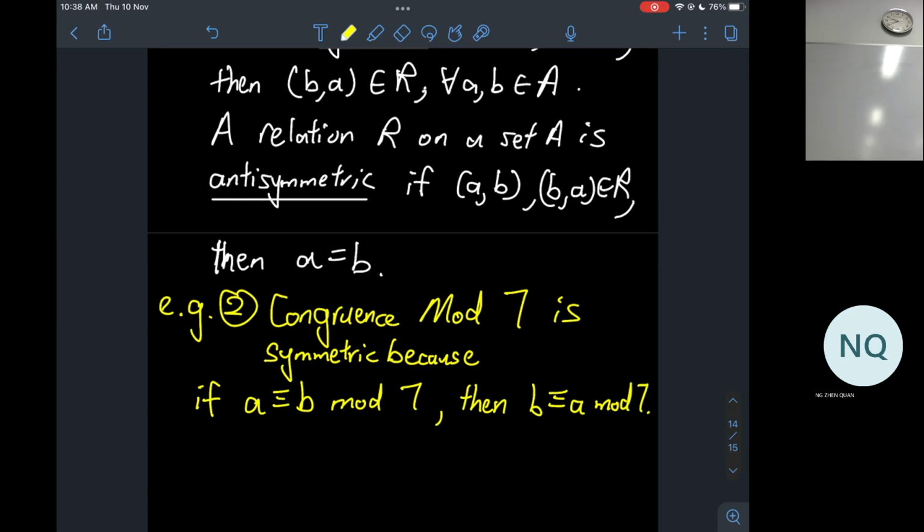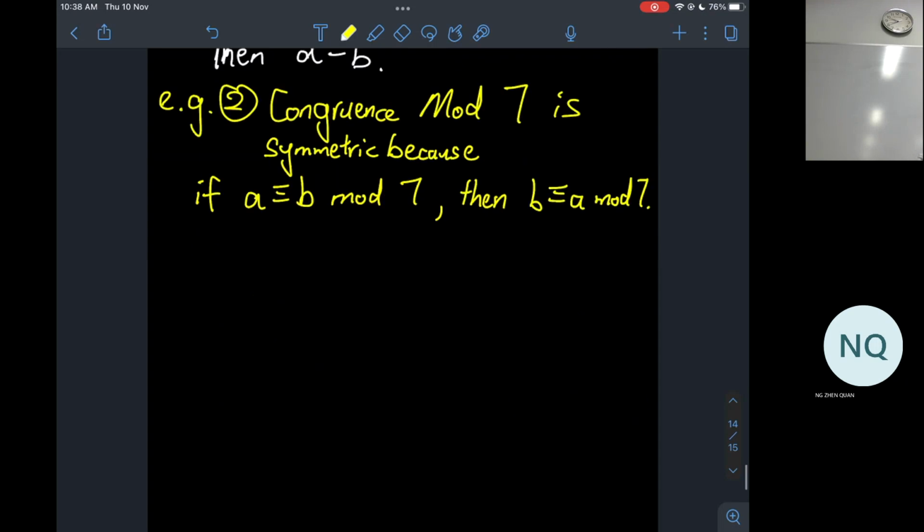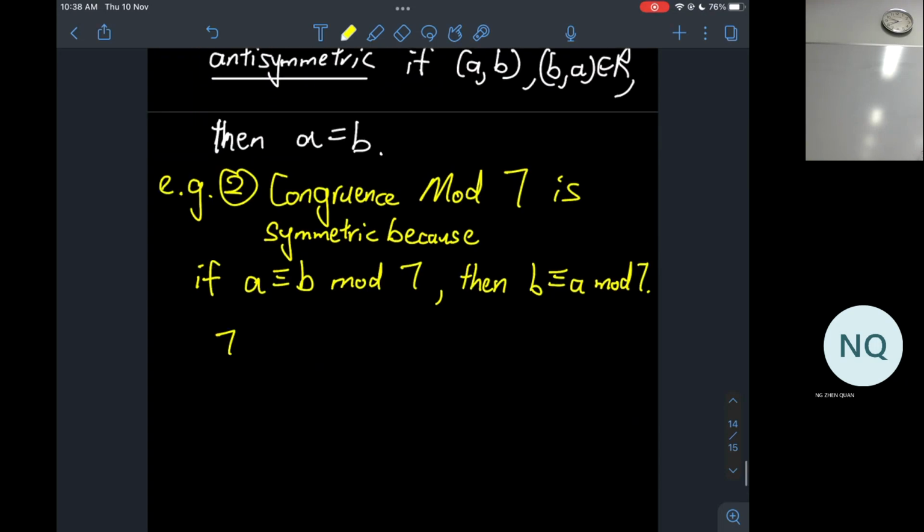Do you believe it? Why? If 7 divides a minus b, then 7 also divides b minus a, right? Because b minus a is minus (a minus b). Following?